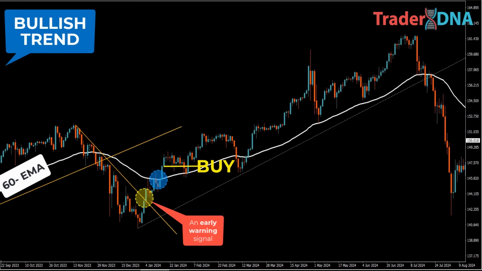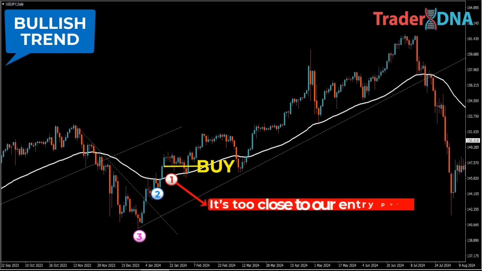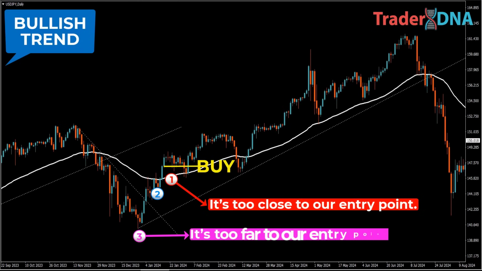There are 3 ideal stop loss levels in this strategy. 1, below the EMA line, 2, at the nearest swing low, 3, at the starting point of the bullish trend. In this example, placing a stop loss below the EMA isn't ideal. It's too close to our entry point, and placing it all the way back at the start of the bullish trend would be too far.